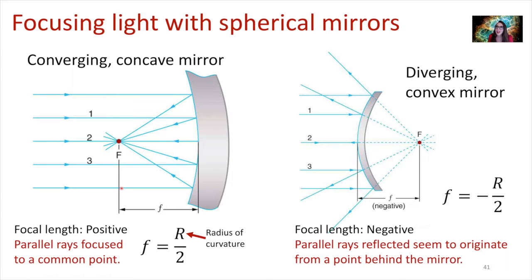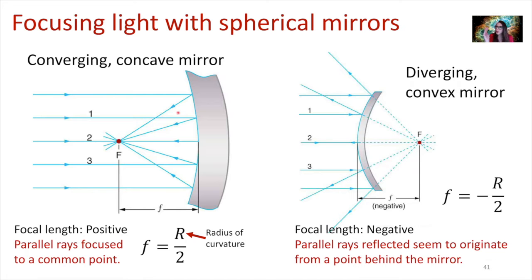We can focus light to a point with a spherical mirror, just like how light passes through a thin lens and converges or diverges away from some point. Spherical mirrors can converge or diverge light away from their surfaces when the light strikes the surface. So here we have an example of a converging concave mirror.